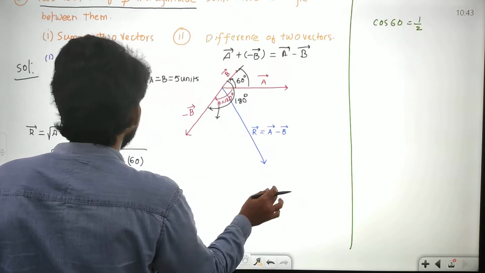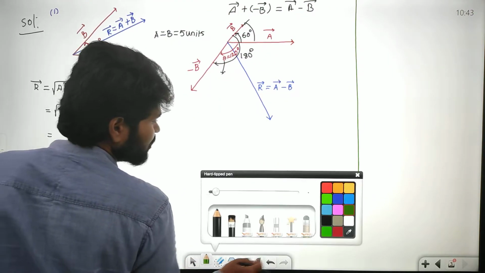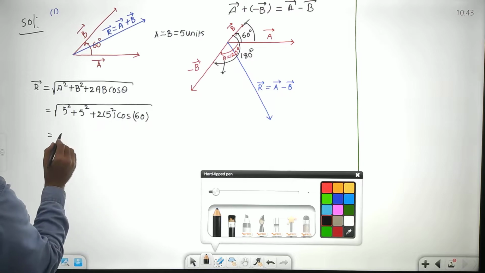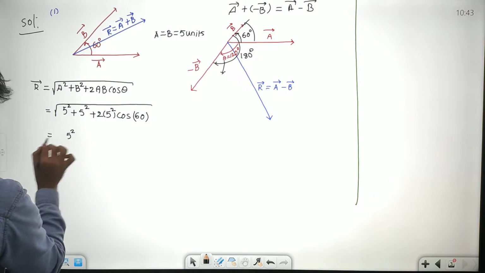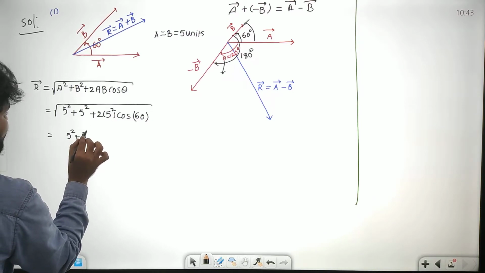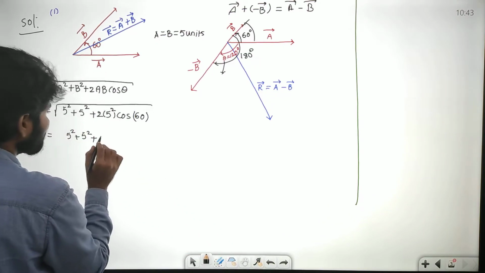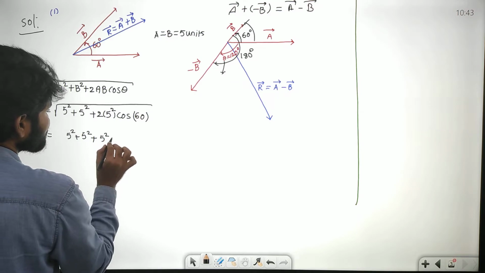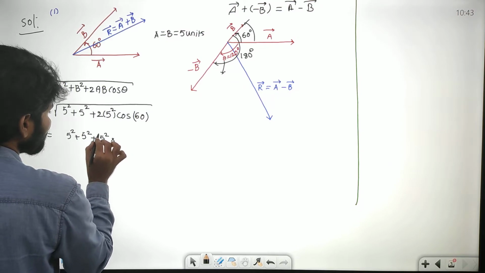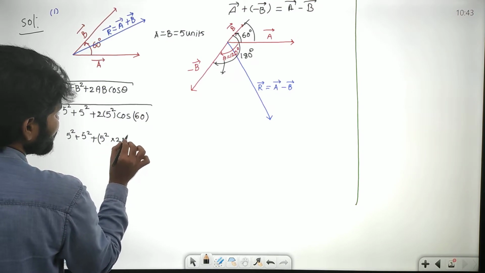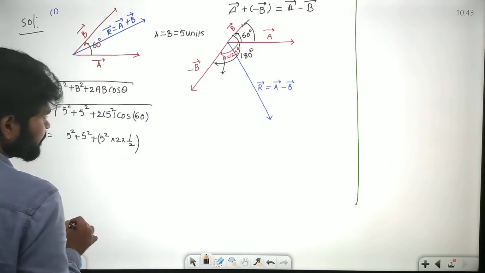Now I need to substitute that value. So 5 square plus 5 square plus 5 square into 2 into 1 by 2.